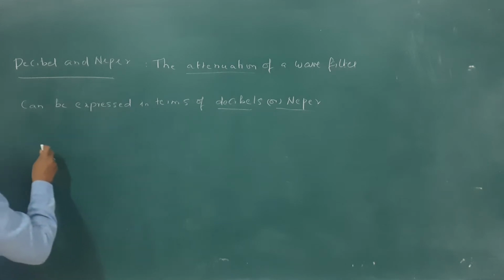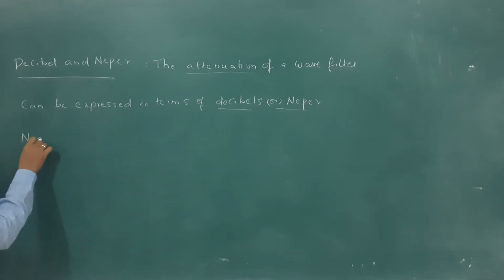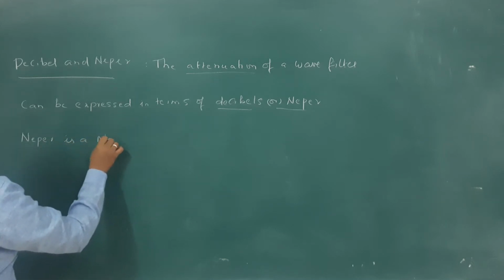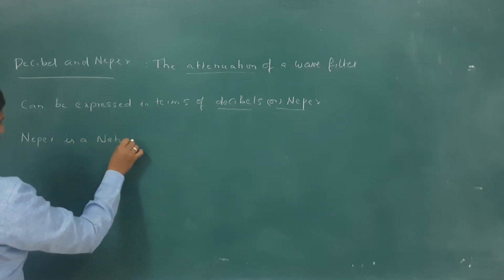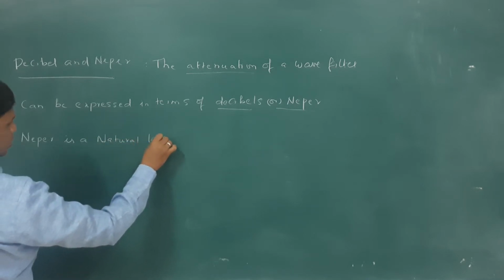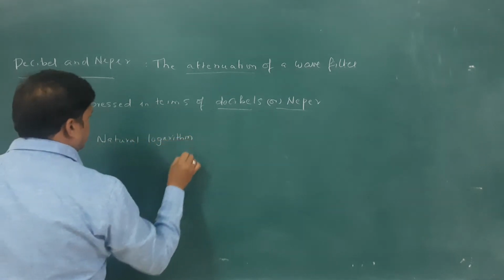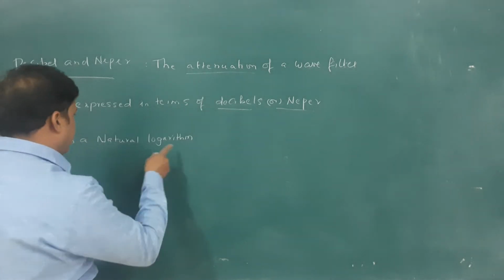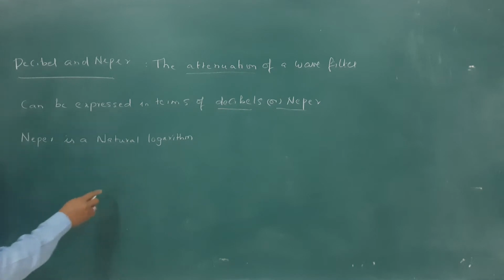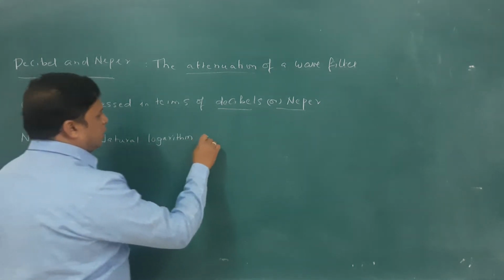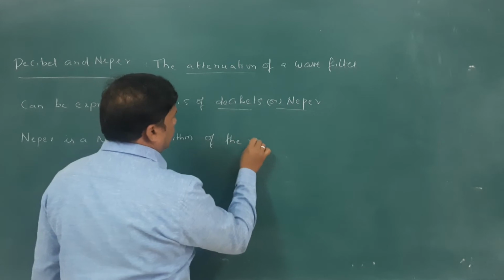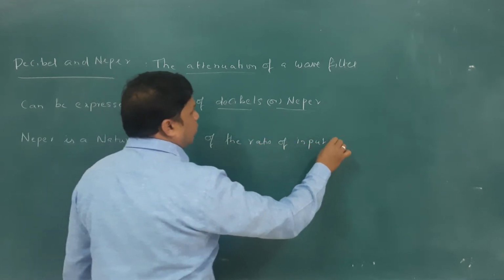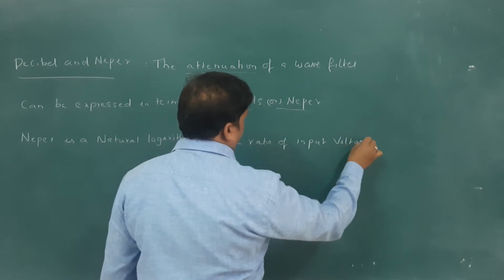Now we will see what Neper is. Neper is a natural logarithm, as we say log to the basis some value, like that, natural logarithm of the ratio of input voltage or current.